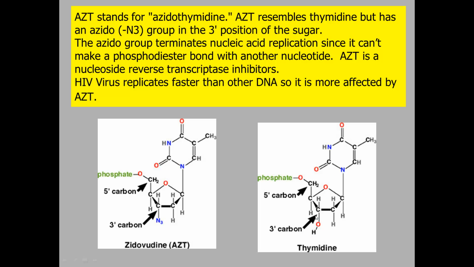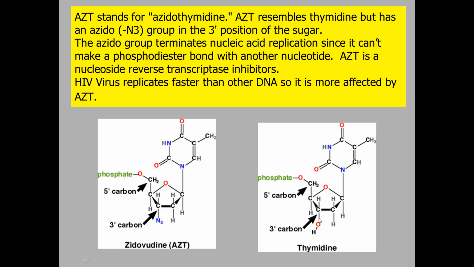Here's the 3' carbon in the sugar molecule, and then the nucleotide base for thymidine is over here. So AZT is one of the first drugs that was developed against HIV, azidothymidine, and it resembles thymidine, but it's got this azido group in the 3' position of the sugar molecule.